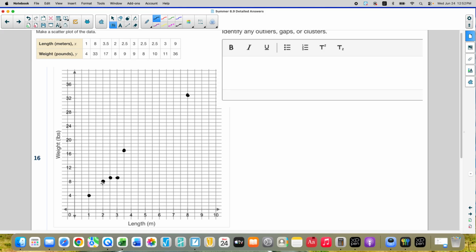Oh, that's interesting. We get 2.5, 10. Oh, goodness. 8, 9, 10. There's a clump right there. And 3, 11.